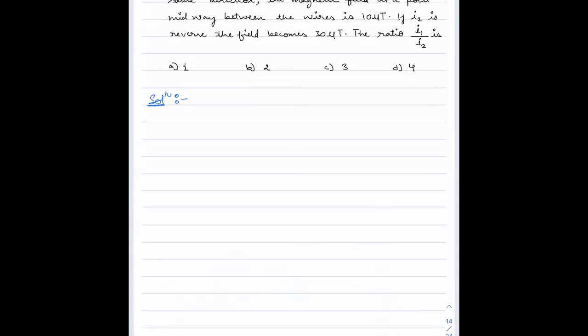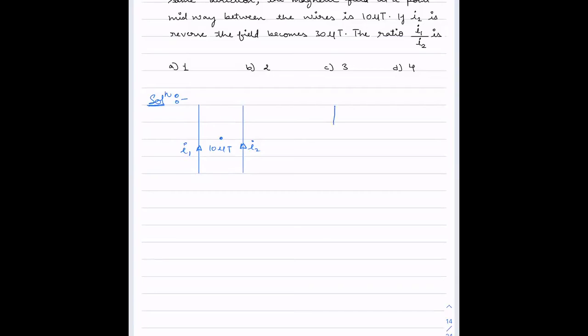When I1 and I2 are in the same direction, the magnetic field at the point midway between the wires is 10 microtesla. So this is I1, this is I2. When the current is in the same direction, the magnetic field is 10 microtesla.